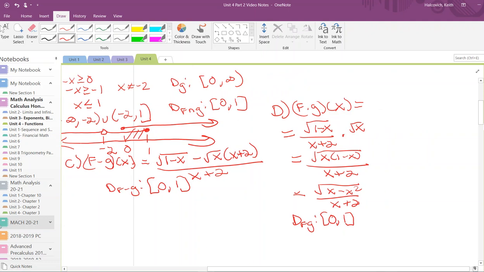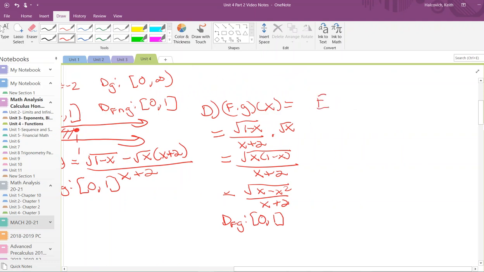Now for part E, when you're going f divided by g of x, you're taking the square root of 1 minus x over x plus 2, and now multiplying it by the reciprocal, so now it's 1 over rad x.